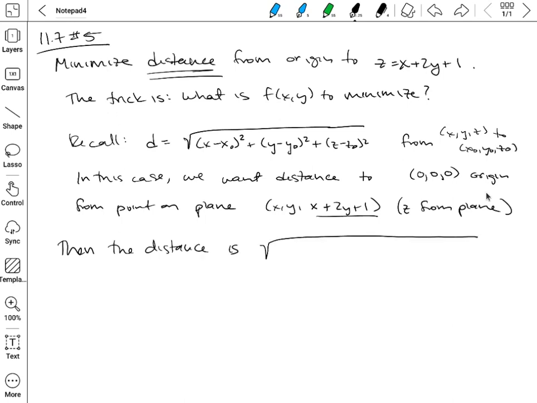So the distance, plugging in 0, 0, 0 for x0, y0, z0, and plugging in x, y, x plus 2y plus 1 for the point xyz, is going to be the square root of x squared plus y squared plus (x plus 2y plus 1) squared. And that's your f of xy that we've learned how to work on optimization problems with.